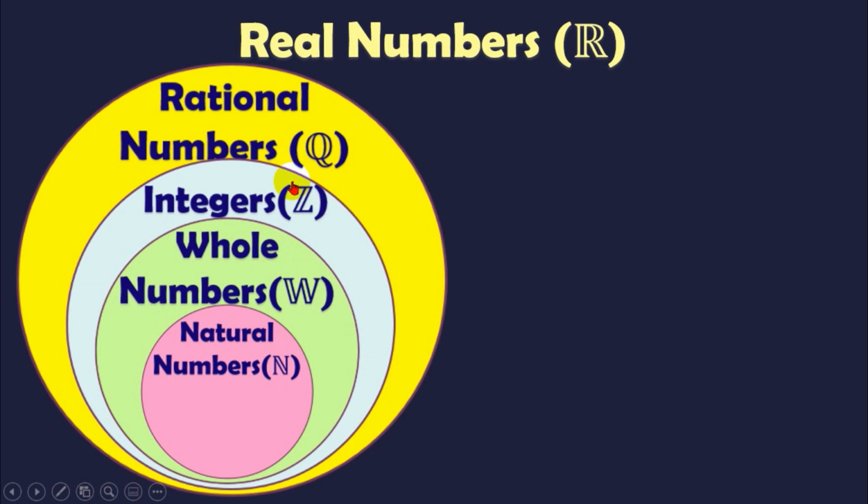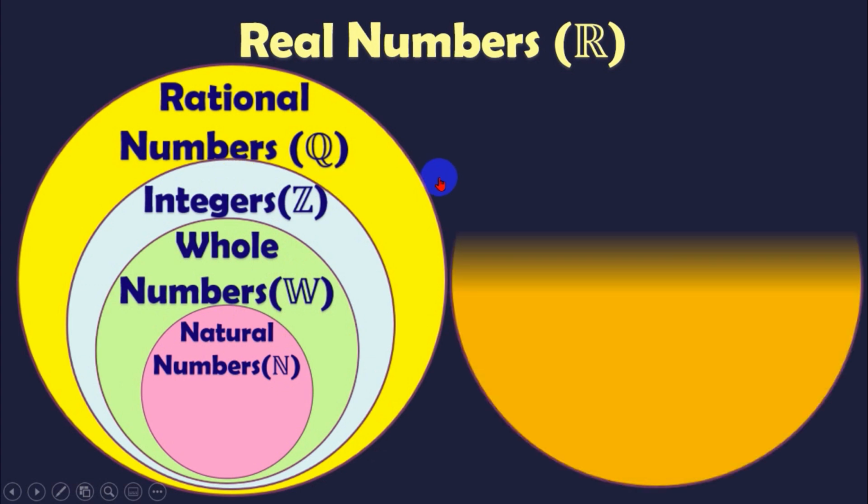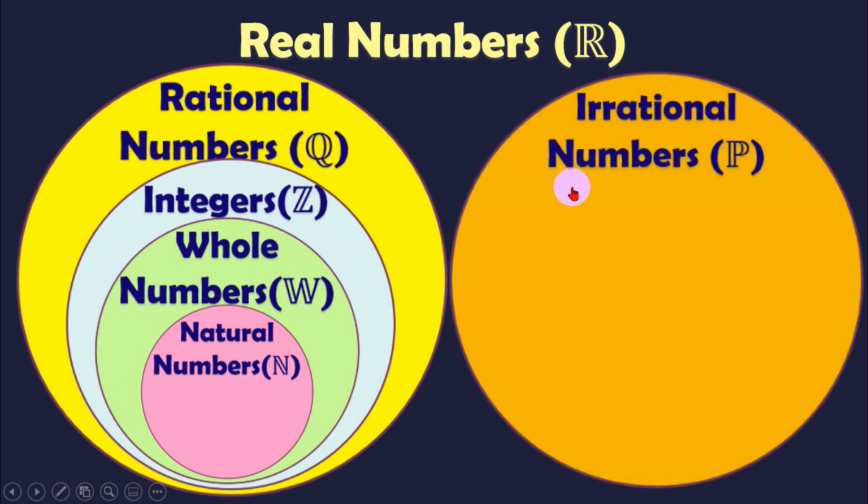And another type of real numbers that we have is the set of irrational numbers. Okay, so I'm going to discuss to you one at a time these rational numbers and irrational numbers. Okay, so we'll go directly to natural numbers first.